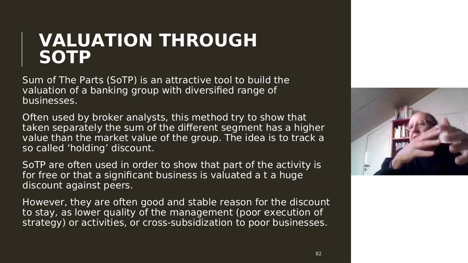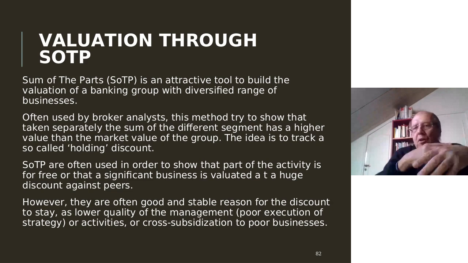But it's an analytical tool. It's not bad, but it's always something very subjective because you use different metrics for different businesses. So it has some appeal because you use a metric adapted to a business.